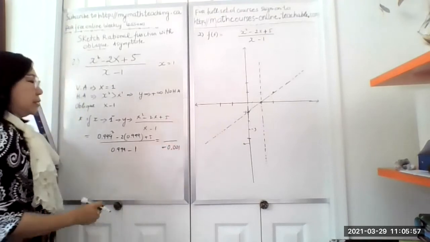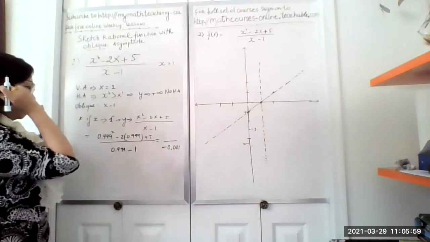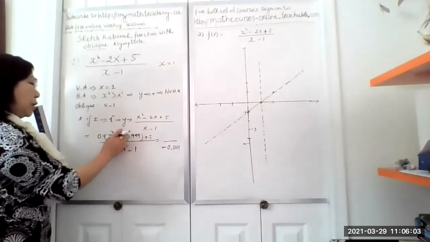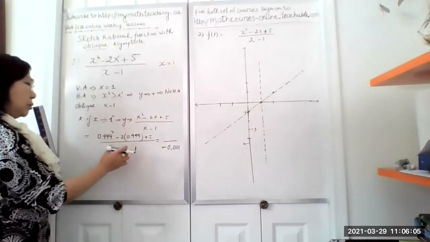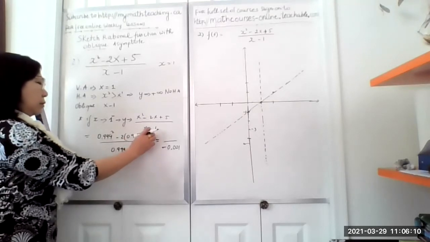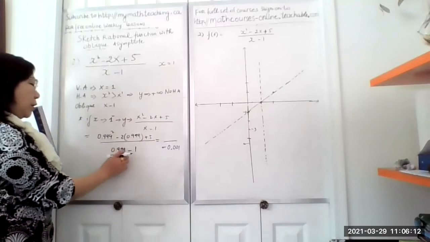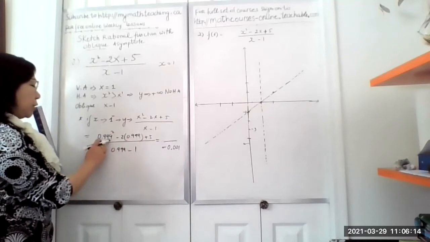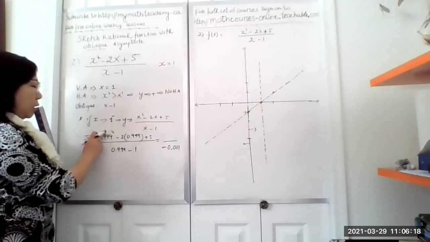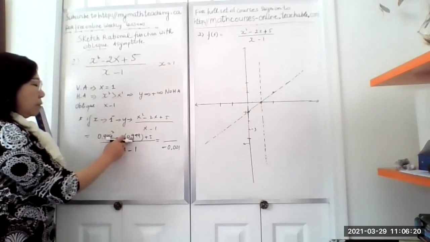0.01, something like that. Now on the top, we have to figure out what our number is. Is that positive or negative? By inspection, you will know this is going to be a small number, and this is going to be a very small number.